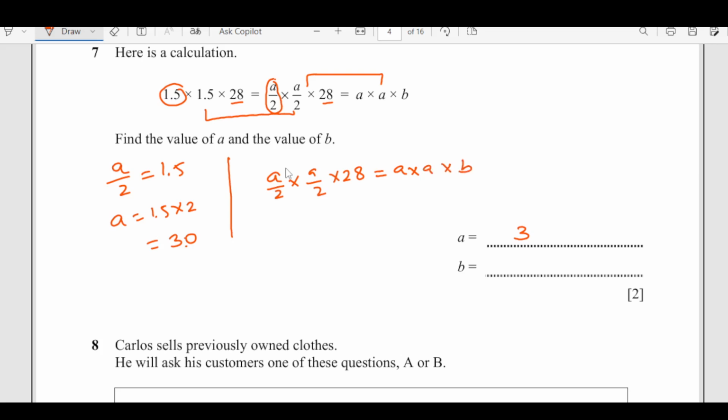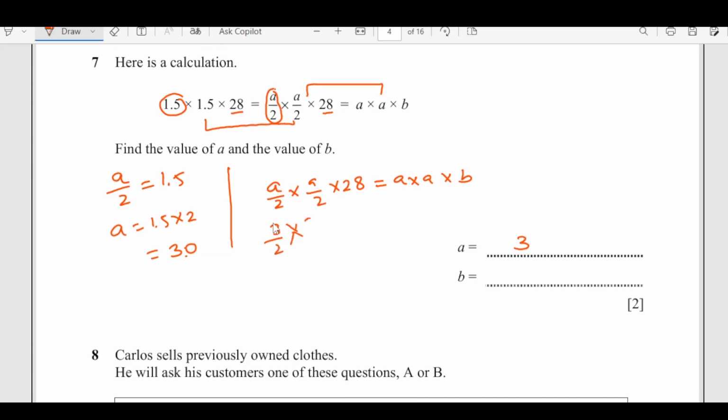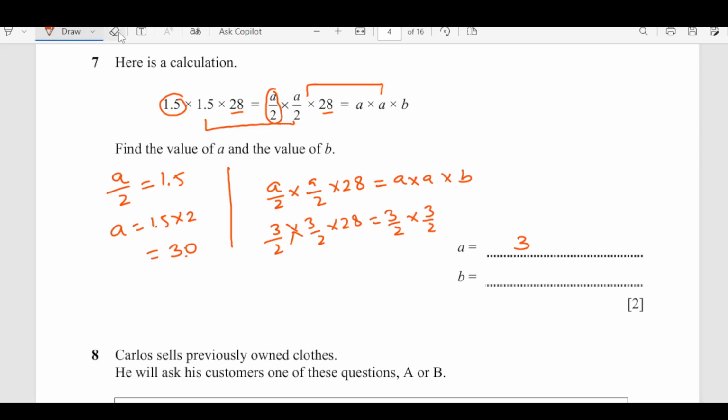We are looking for the value of B. We have already got the value of A, so we can substitute the value here, which is 3 over 2 times 28, equals 3 times B.